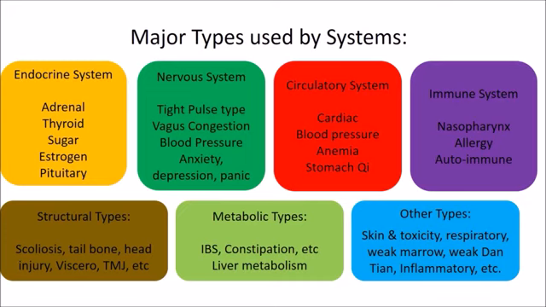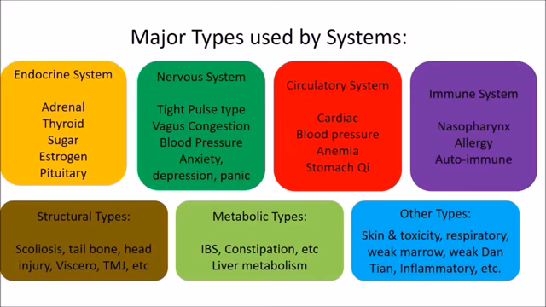A type, or a category, is basically a way to explain what system is weak in the body. It may come with clear reflexes, but it may not. For example, the autoimmune type or the diabetic type do not have clear reflexes associated with them. The type might be based on a set of symptoms or on a Western diagnosis.